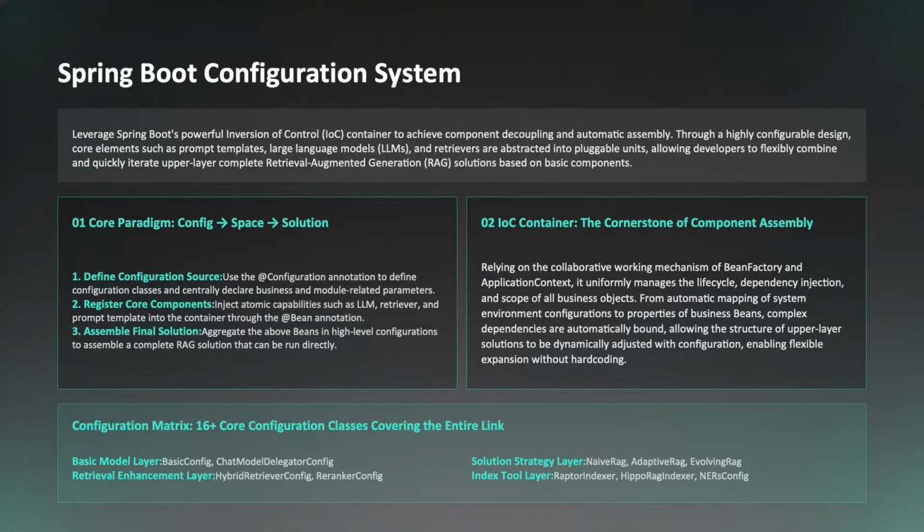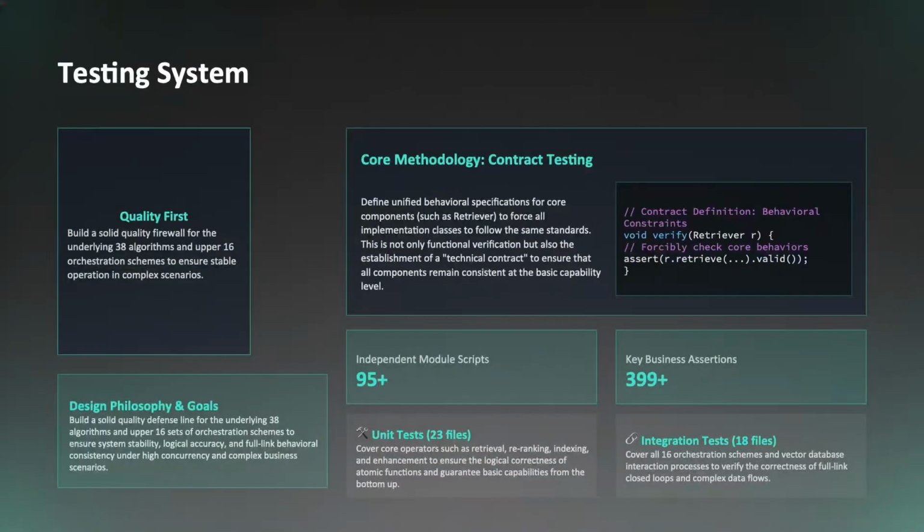Basic model layer, basic config, chat model delegator config, retrieval enhancement layer, hybrid retriever config, re-ranker config, orchestration scheme layer, NaiveRAG, adaptive RAG, EvolvingRAG, index tool layer, Raptor indexer, Hippo RAG indexer, nurse config. Slide 16, M42 complete testing system.